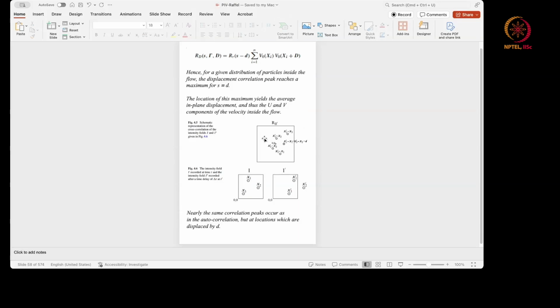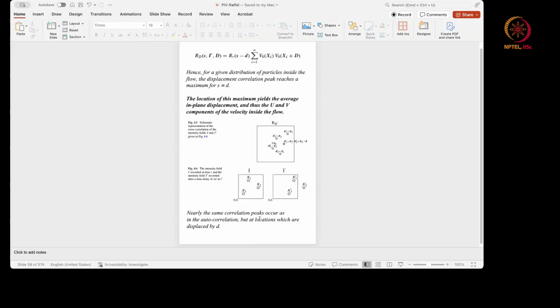This Rd is therefore given as this. Hence for a given distribution of particles inside the flow, the displacement correlation peak reaches a maximum when the separation vector is equal to d. The location of this maximum yields the average in plane displacement, and thus the U and V components of the flow. This is the most important thing that we will take out.